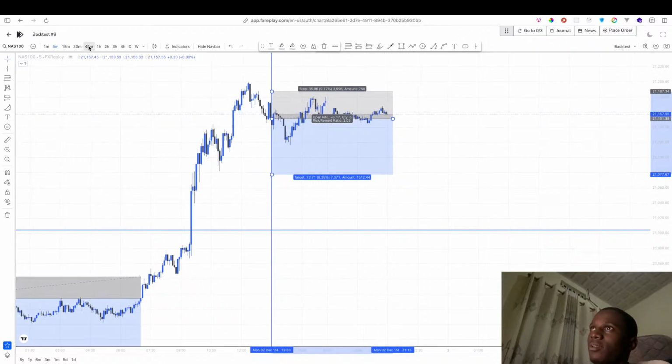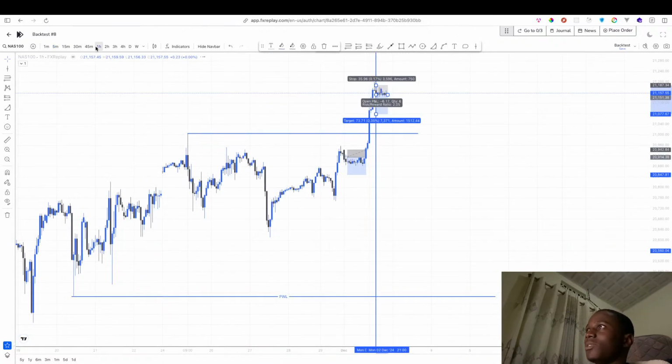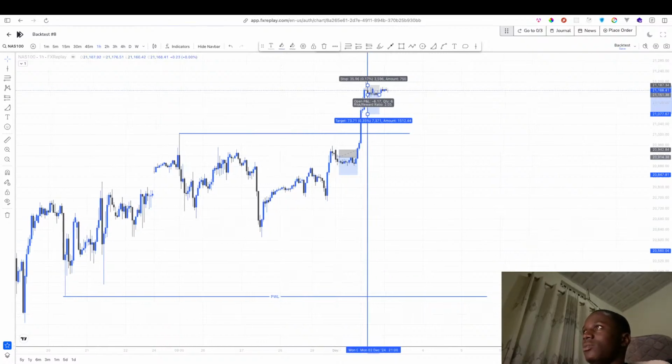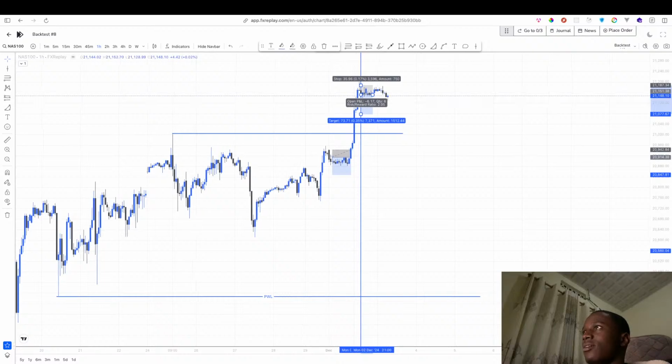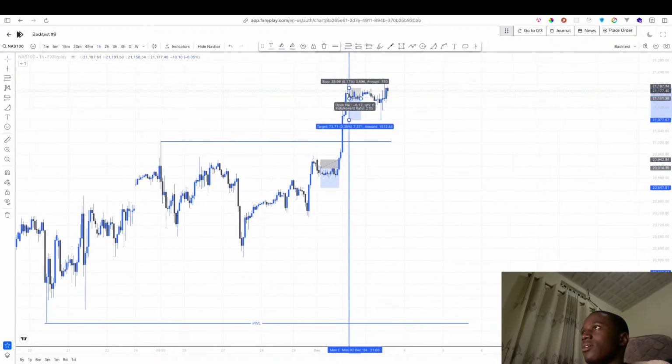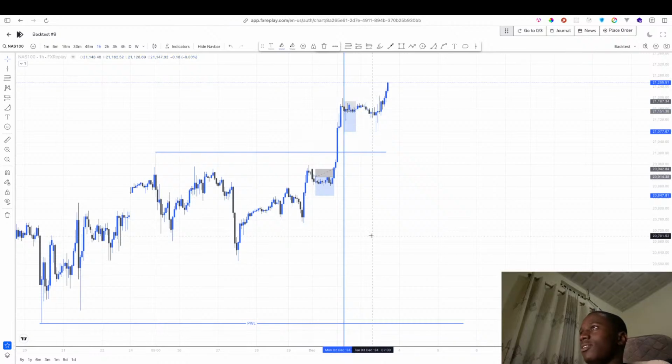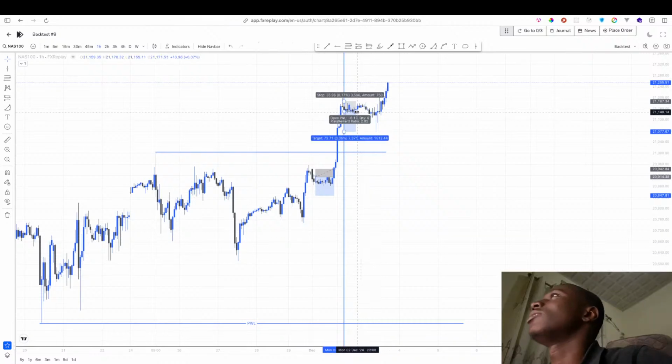Let's put it on the 1 hour and make it run. At least it should do something better than this. Okay, so this is stop loss or TP. Let's see, moment of truth. TP hit.